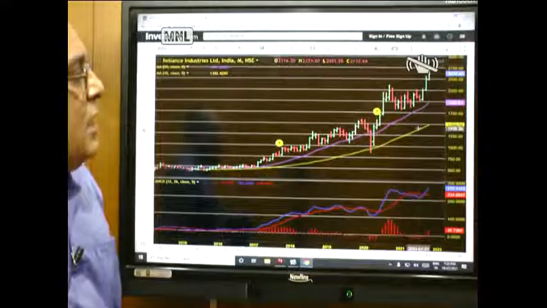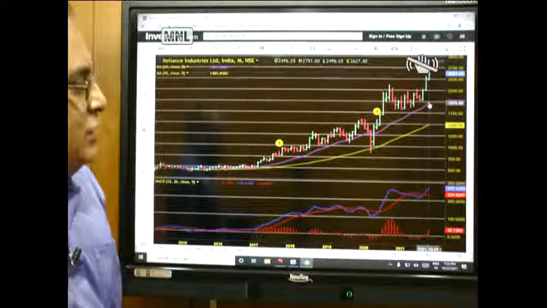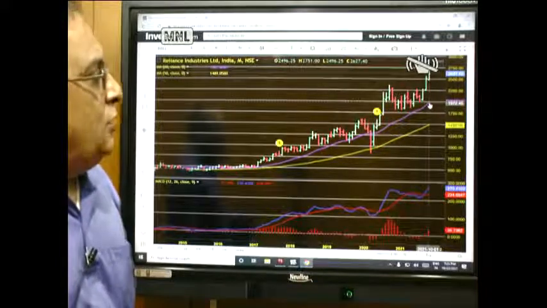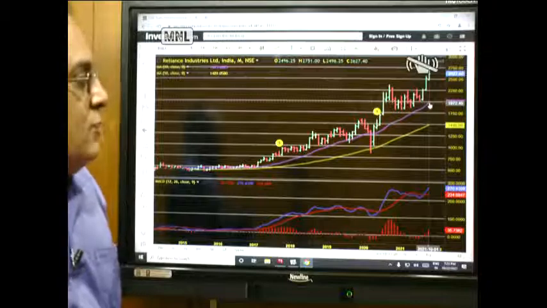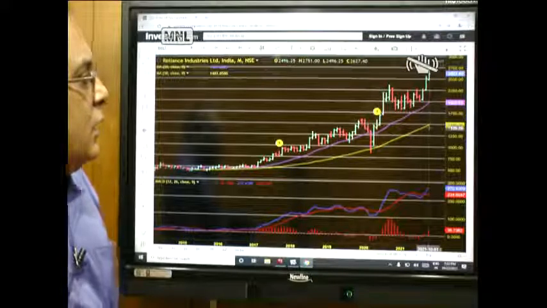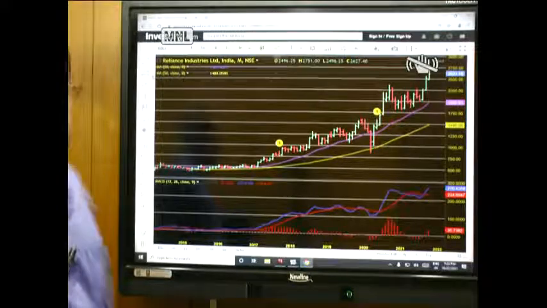Reliance normally can go right up to the 20 moving average, but that is coming out at 1979 and 1980, so maybe that's not the place where it will come. We have also shown the Fibonacci ratios if you apply them.